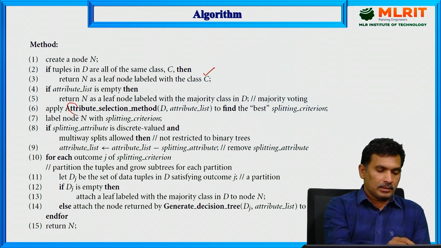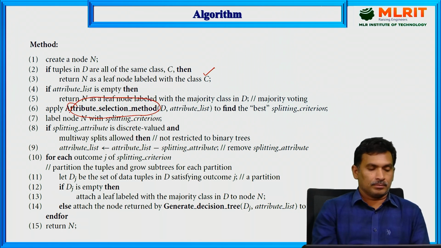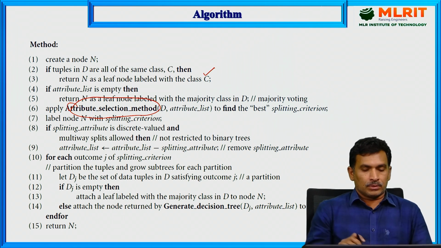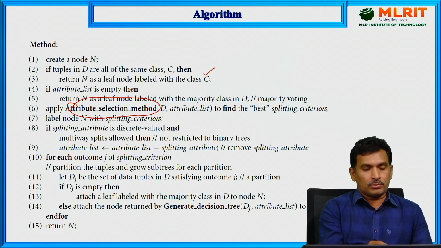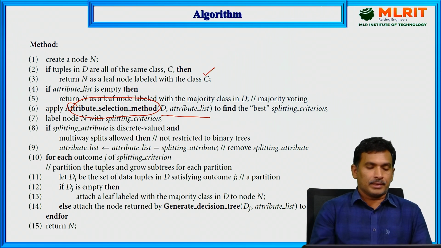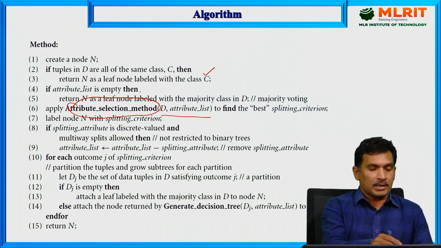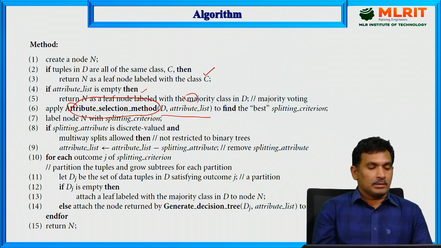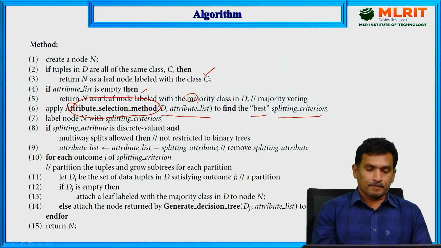If there are attributes, then we have to select which attribute is to be used to split the data set into partitions. It takes the parameters D and the attribute list. If the earlier condition is not true, that means there are some attributes, so they need to be supplied to find the best splitting criteria.